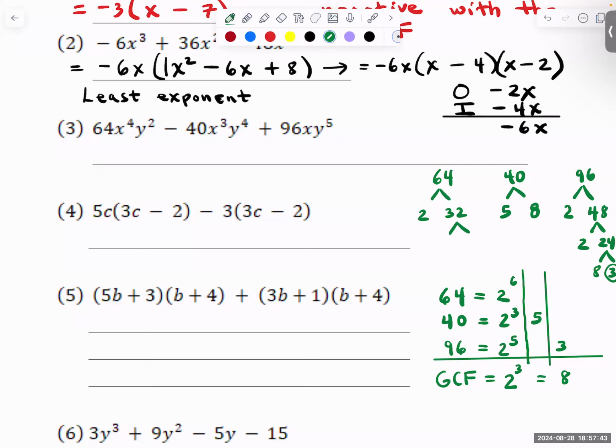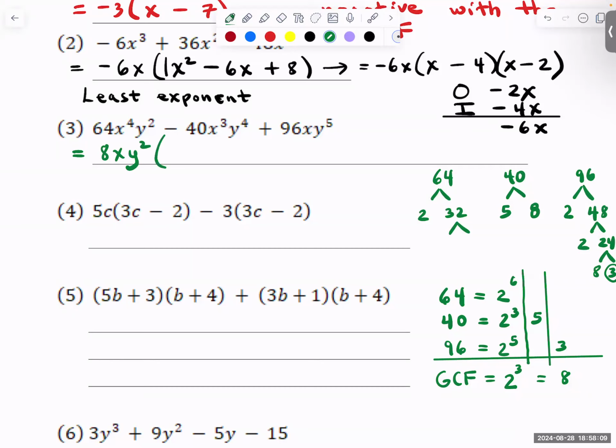5 is not common, 3 is not common, so 2 cubed, which is 8, is part of the greatest common factor. But we also have to consider the x's and the y's now. So we're going to factor out 8 as a common factor, and x with its least exponent is x to the 1st. Y is common, and the least exponent on y is a 2, so y squared.